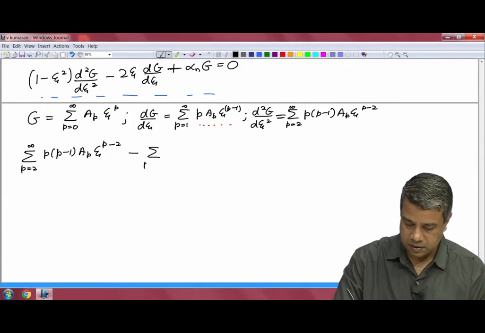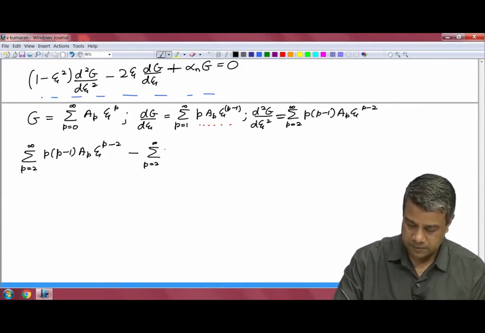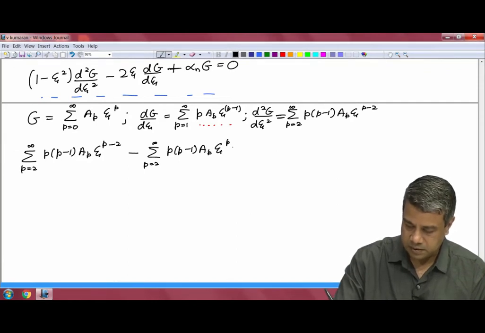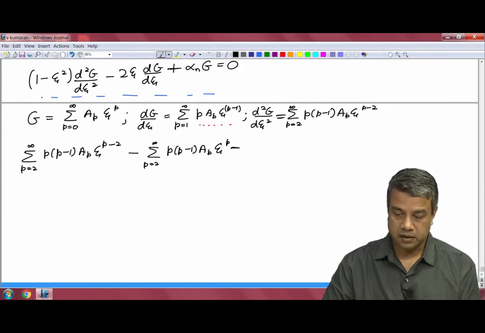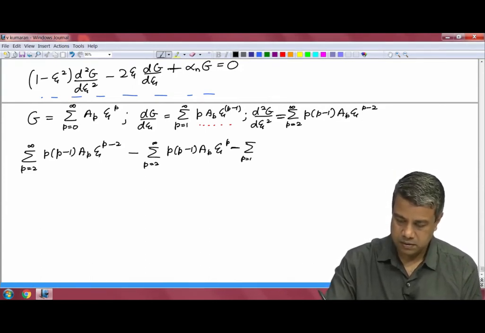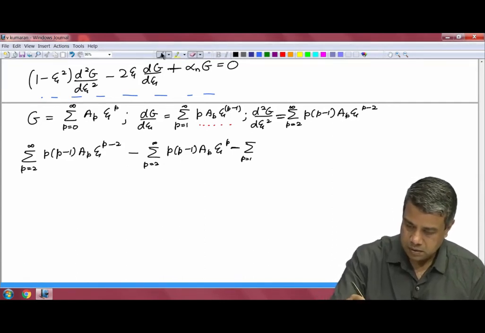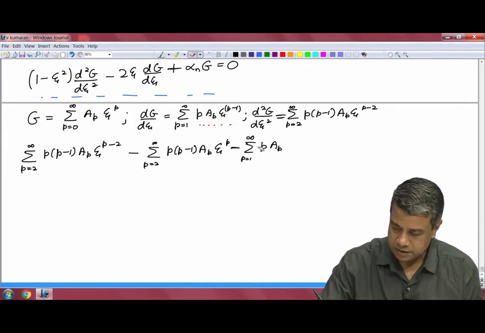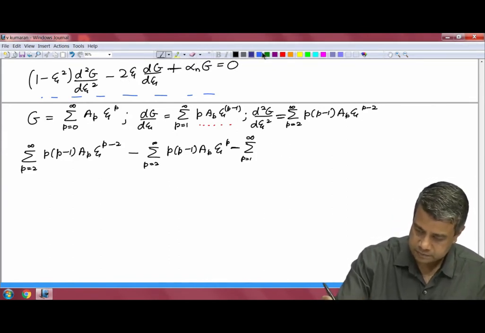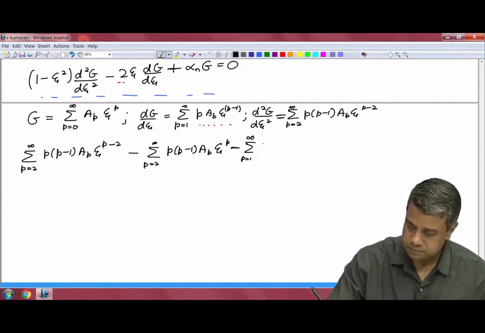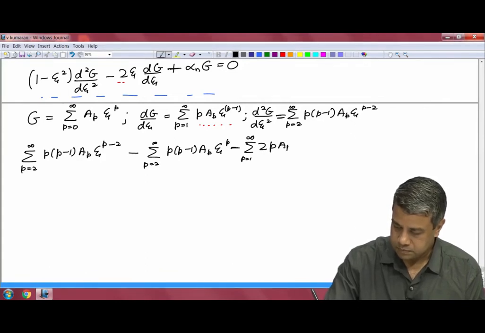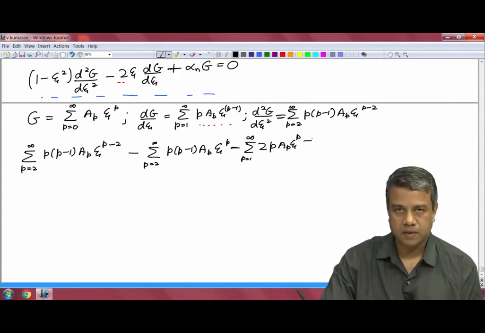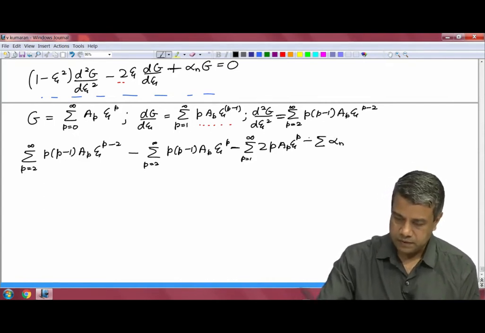So, this is equal to sigma p is equal to 2 to infinity a p times psi power p, minus 2 psi into d psi power p by d psi, there is a factor of 2 in this. Minus sigma of alpha n plus alpha n.